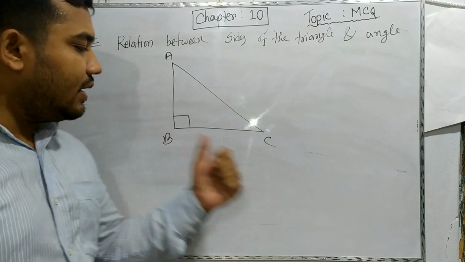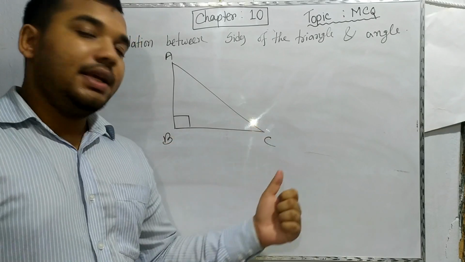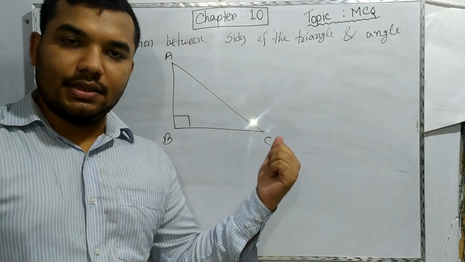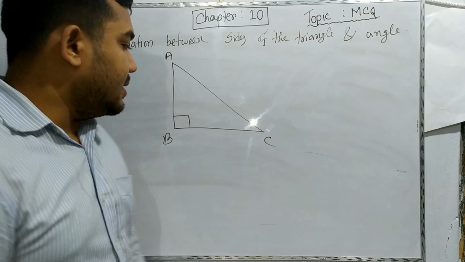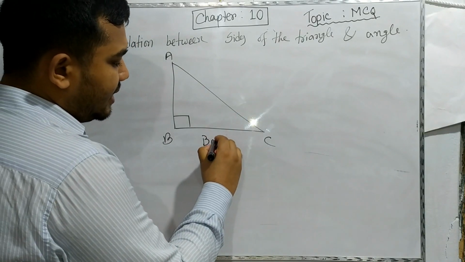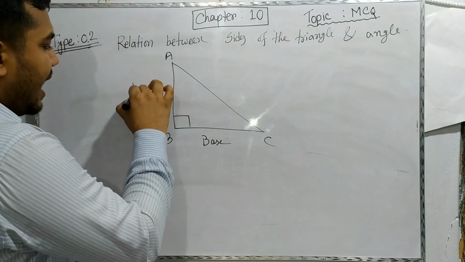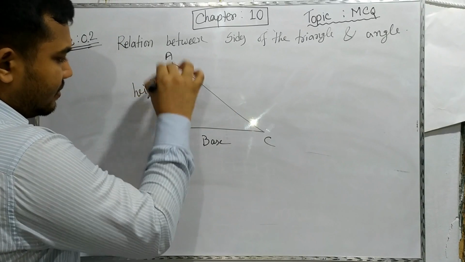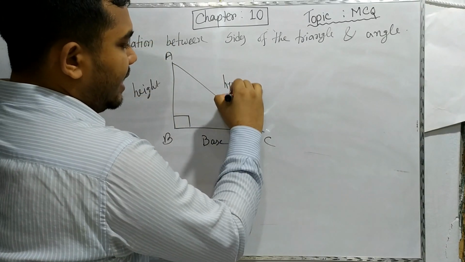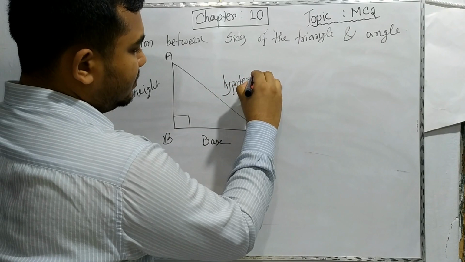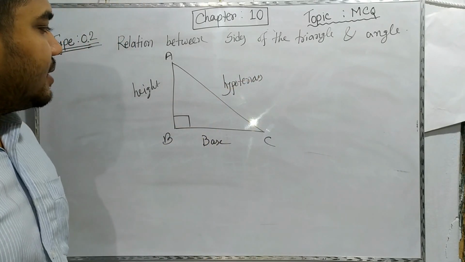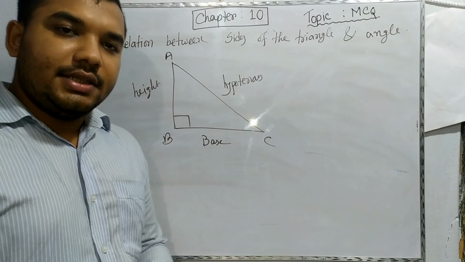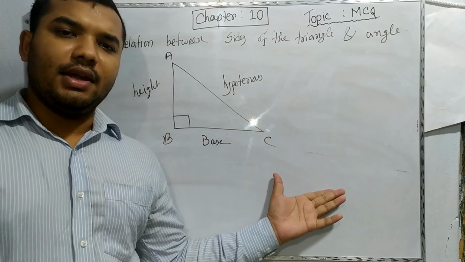Second thing is, what side is called base and what side is called adjacent. Most of you generally say that this is the base, this is the height, and this is the hypotenuse.